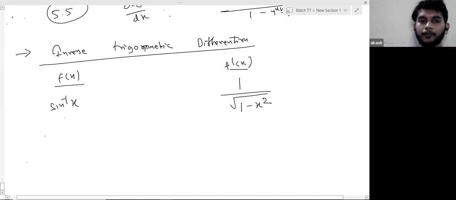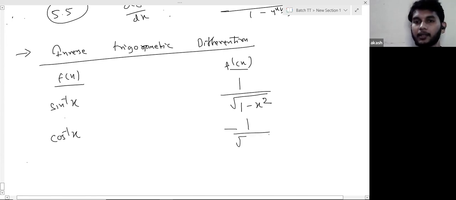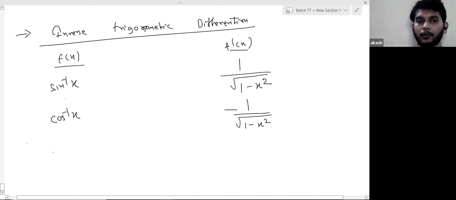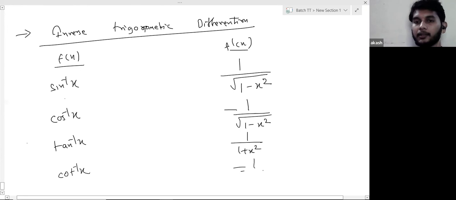If you have cos inverse x, then you just multiply a negative sign and the same thing. If you have tan inverse x, it is 1 upon 1 plus x square. If you have cot inverse x, then multiply a negative sign and the same thing.